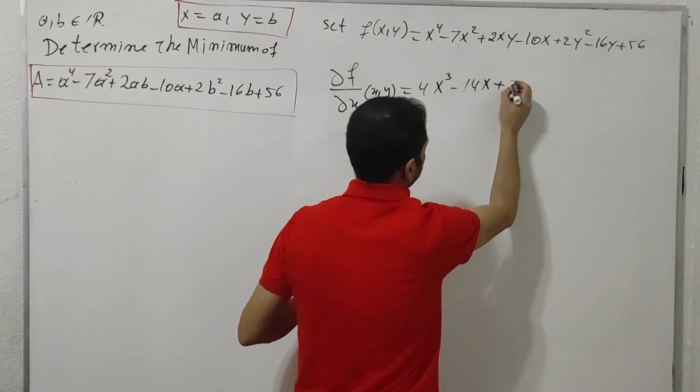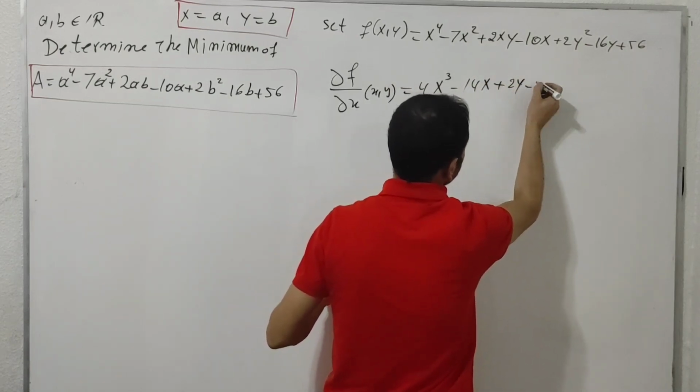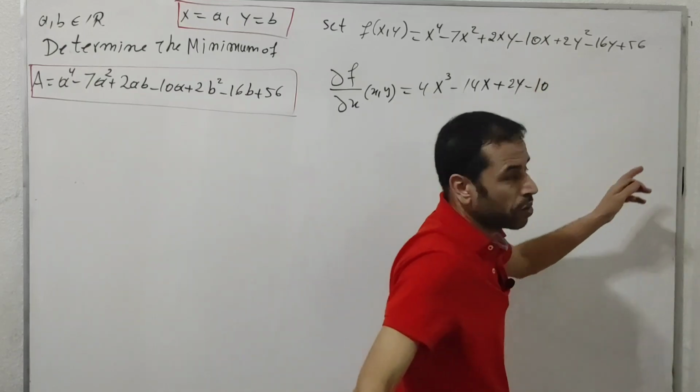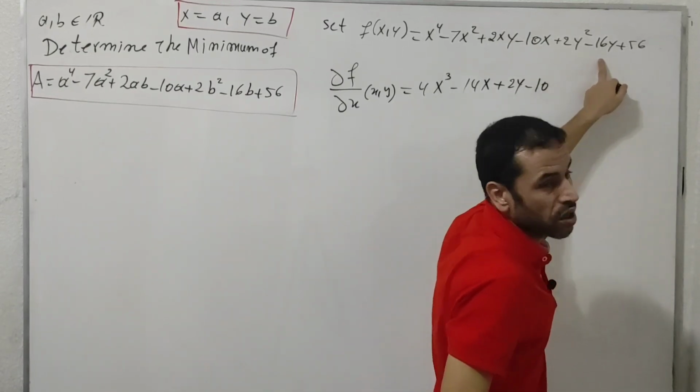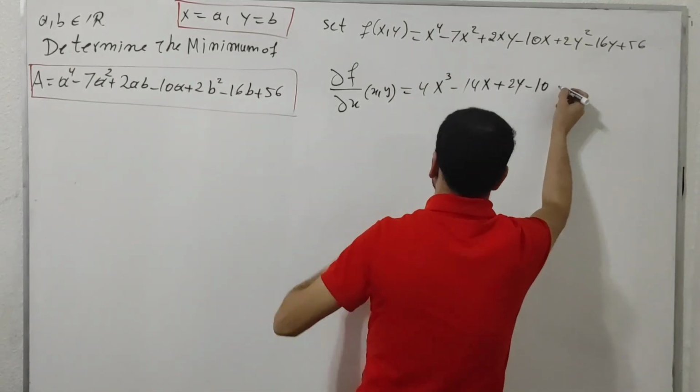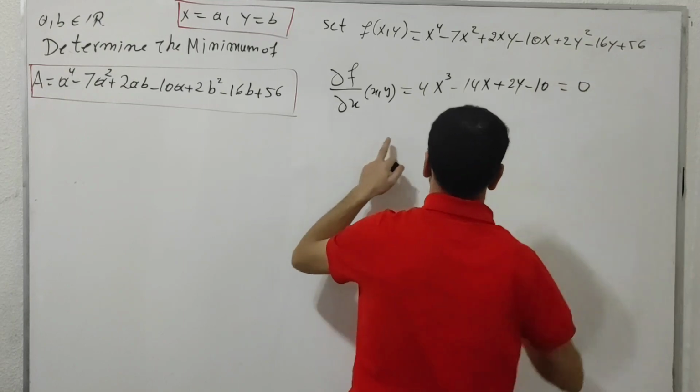This term gives 2y, this term gives minus 10. The rest is 0, because in this case it is considered a constant. To find the critical point, this must be equal to 0.